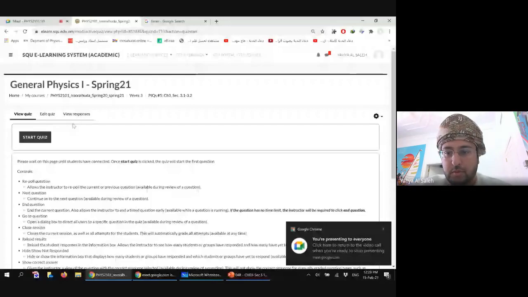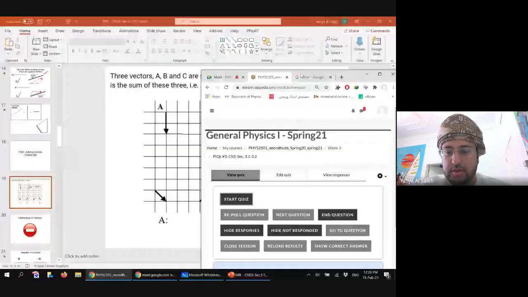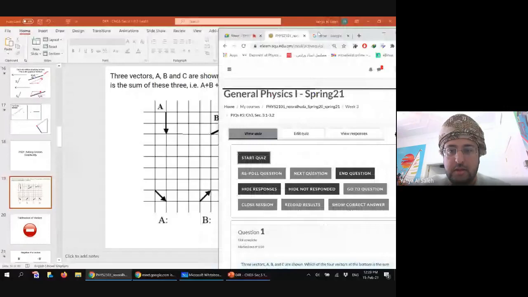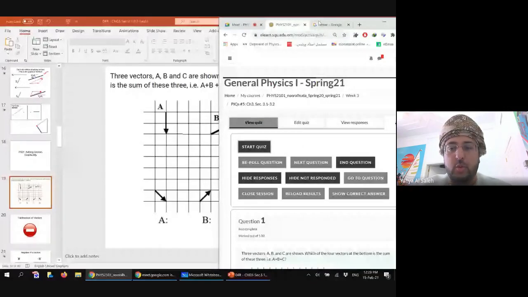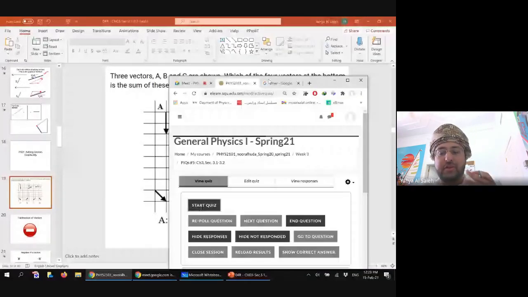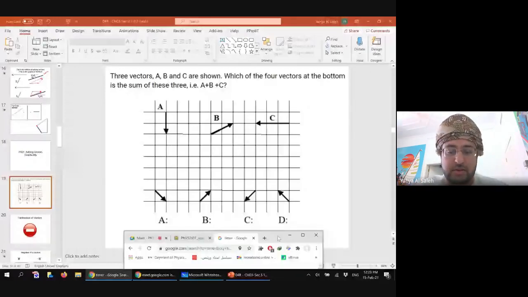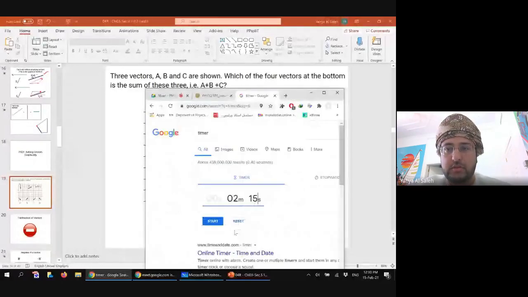The first one is, we are adding 3 vectors together, A plus B plus C. What is our resultant vector? Let's give you a couple of minutes for it and see what we get.